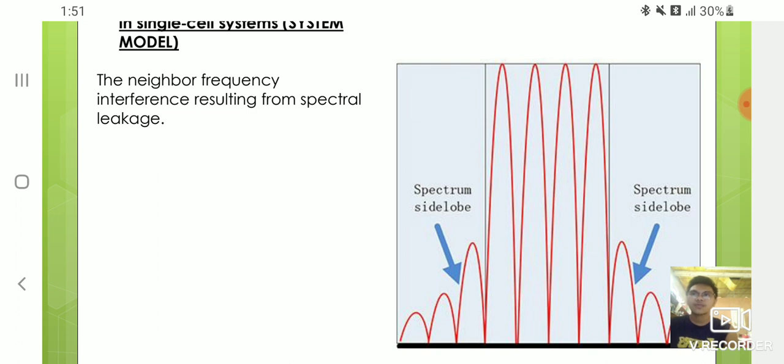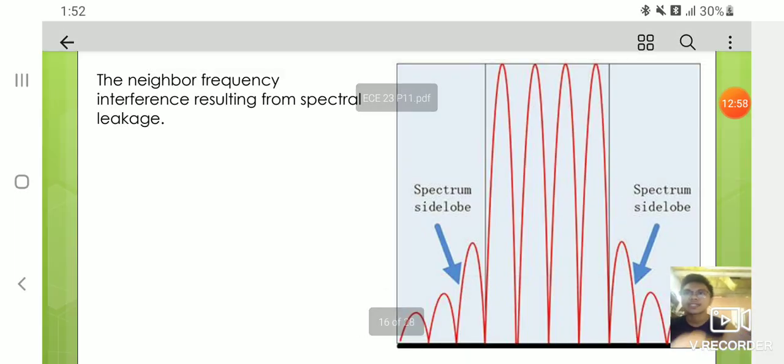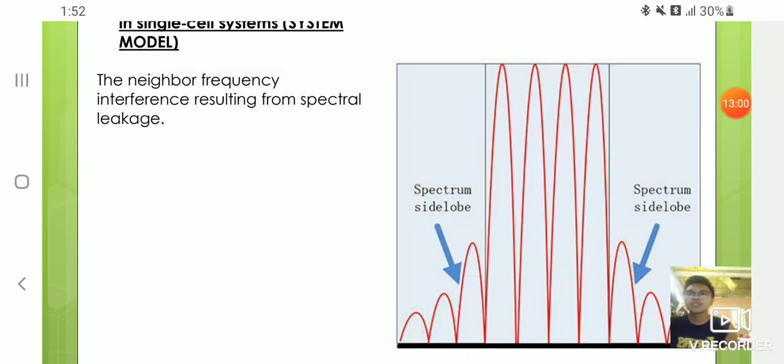To guarantee the quality of service, QoS, of PUs, the interference constraint must be considered to limit the interference caused by the SUs. The distributions of PUs and the spectral holes are depicted in the next slide.